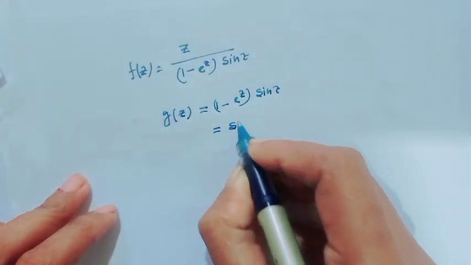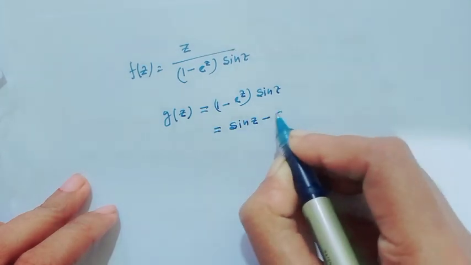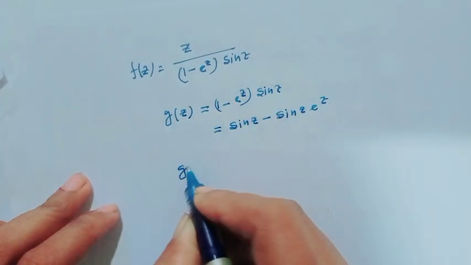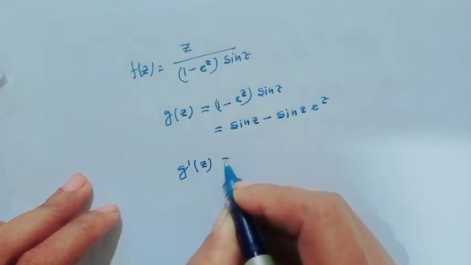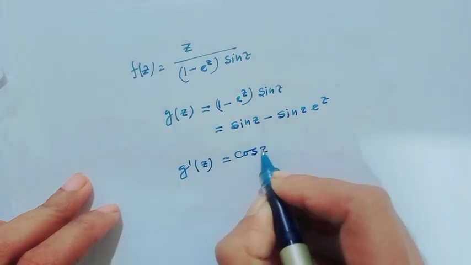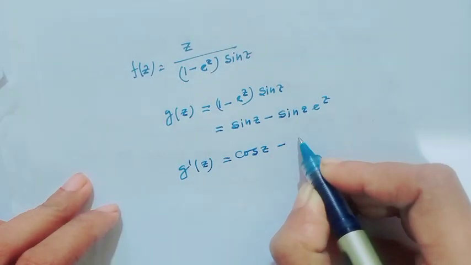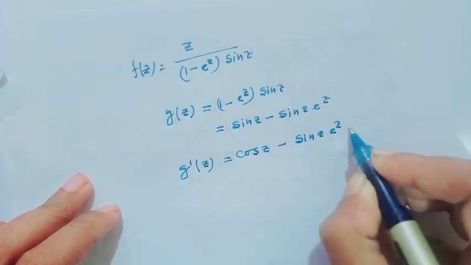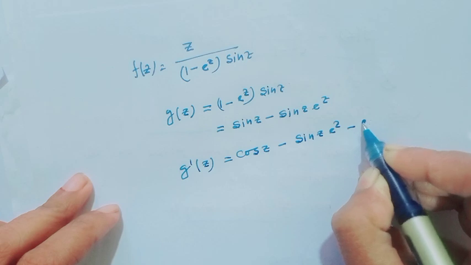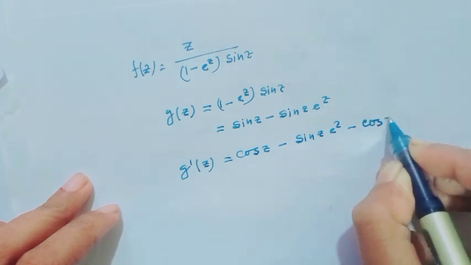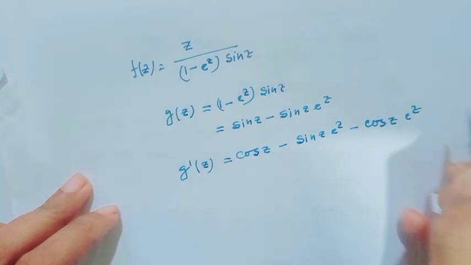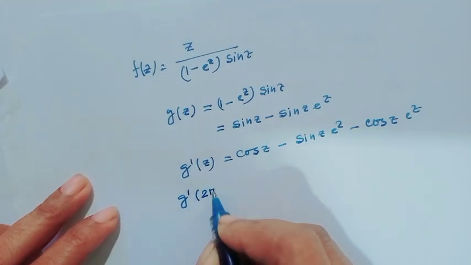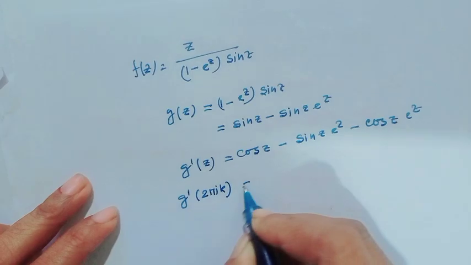This is equal to sin z minus sin z e to the power z. Then g prime z equal to cos z minus sin z e to the power z minus cos z e to the power z.